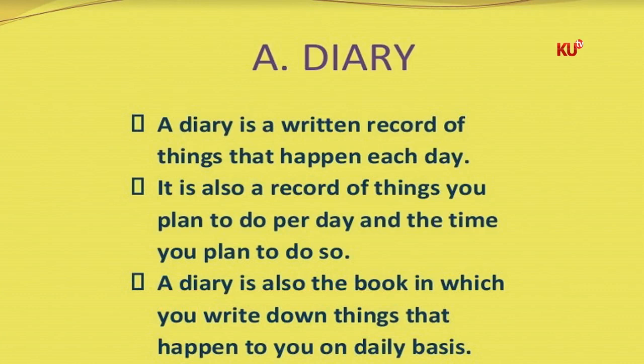It is also a record of the things you plan to do per day and the time you plan to do so. If I know I'm waking up in the morning, I will first study this lesson, and then by mid-morning, I will go and do this and this, and then by afternoon, I will be here at KUTV, Elimu show, and then in the evening, I will record them in a diary.